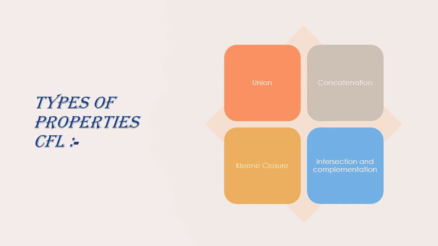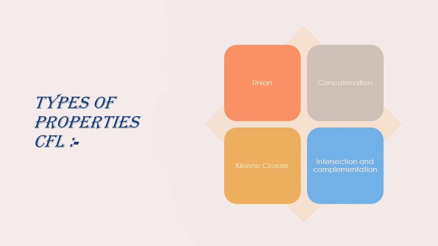This may be a context-free language or may not be. And for the complementation of the context-free language L1, which is sigma star minus L1, the result need not be a context-free language.